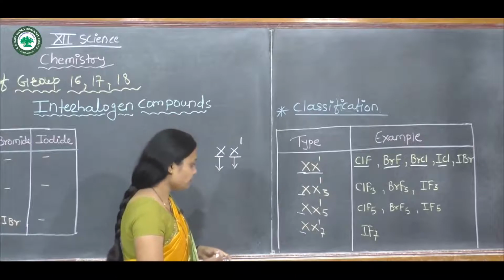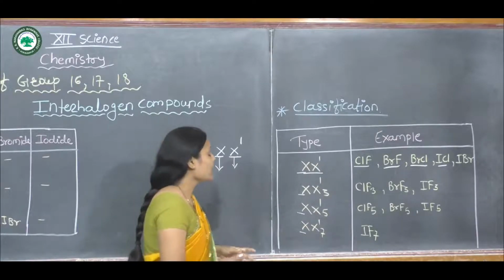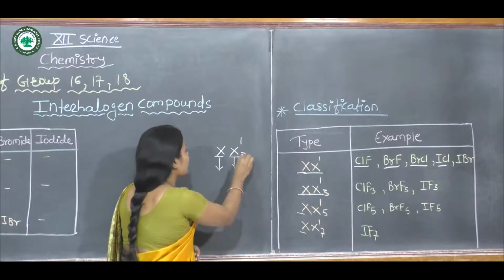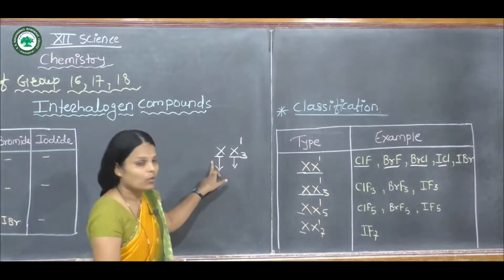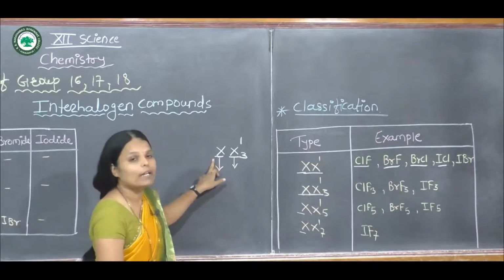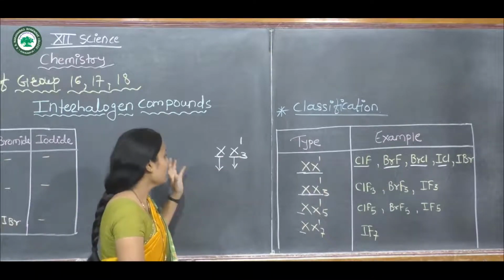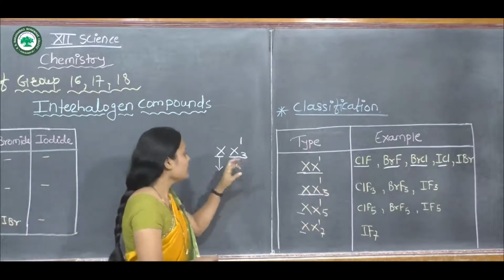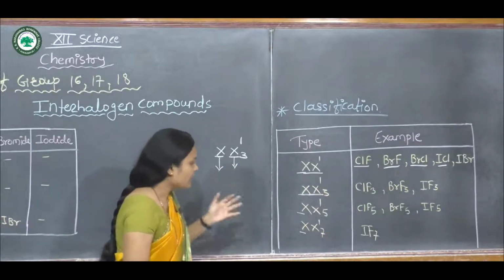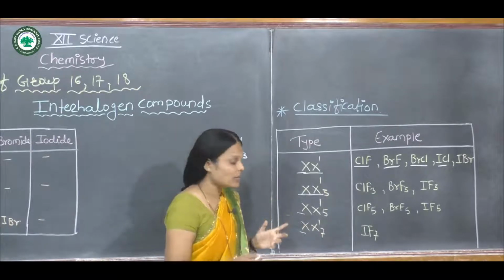Now the second type is X X3 dash. We know that X is an electropositive atom and larger in size. The X3 dash is smaller in size and a more electronegative atom. They combine with each other and then form the new compound.